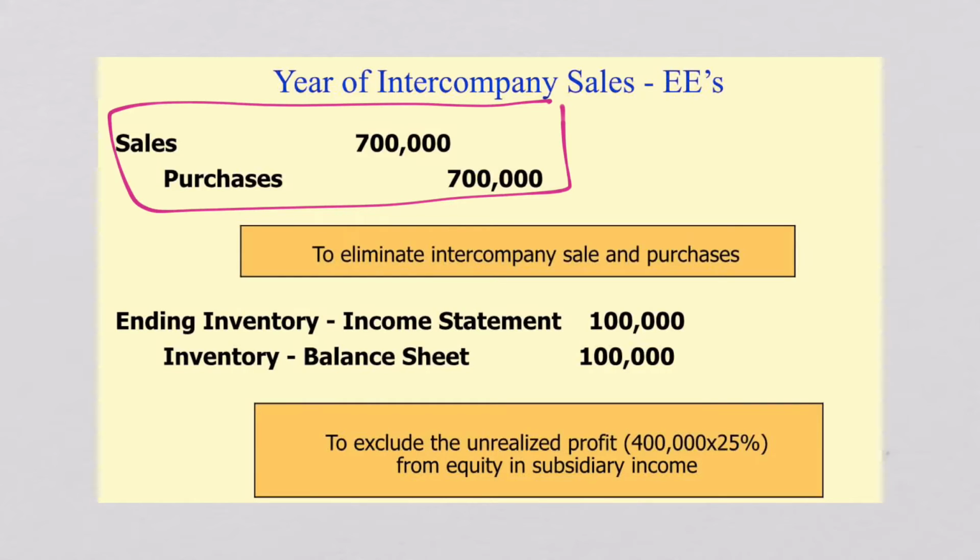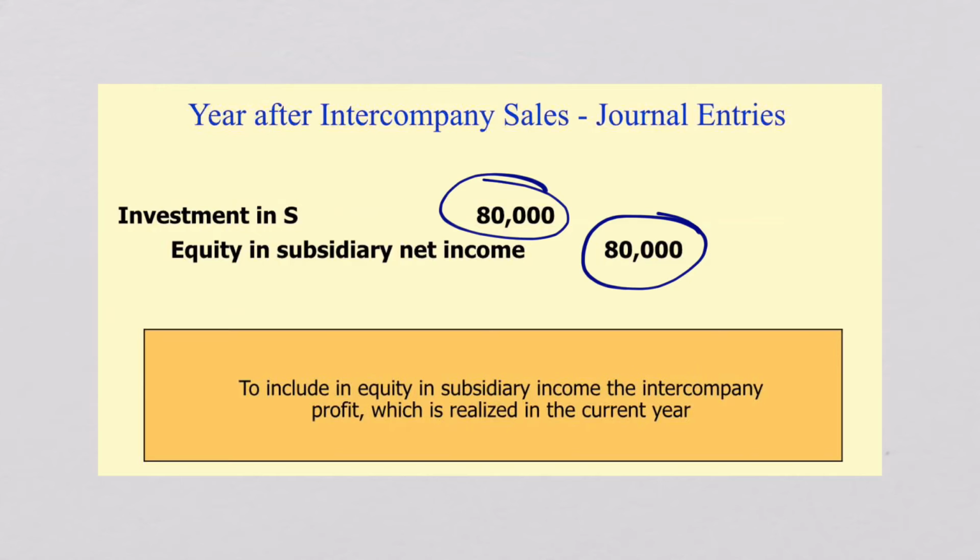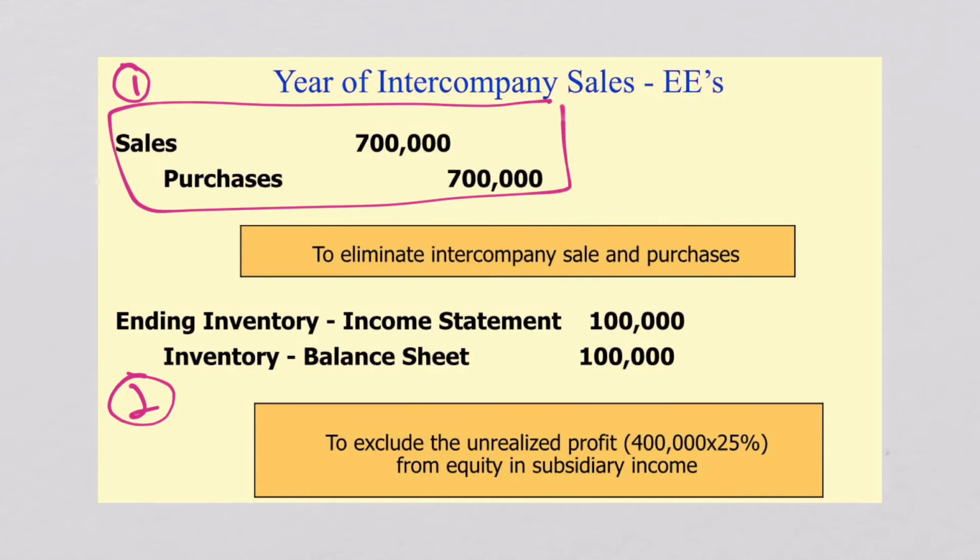The second entry, if this is number 1, this is number 2, is putting back, or eliminating, the unrealized profit.